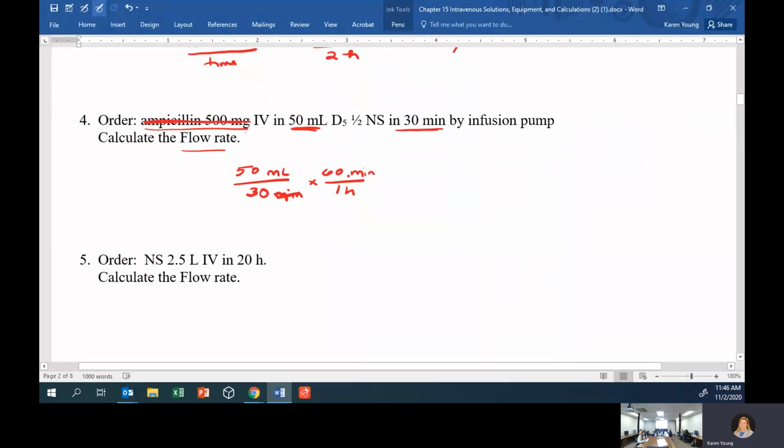So my minutes are going to cancel. I know I can cancel zeros, but 30 minutes is half of 60. So 30 goes into 30 one time, 30 goes into 60 2 times. So I've got 50 times 2, which is going to give me 100 milliliters per hour.